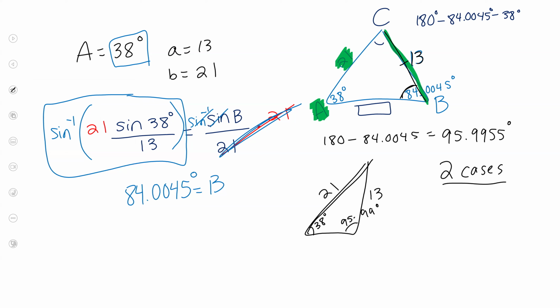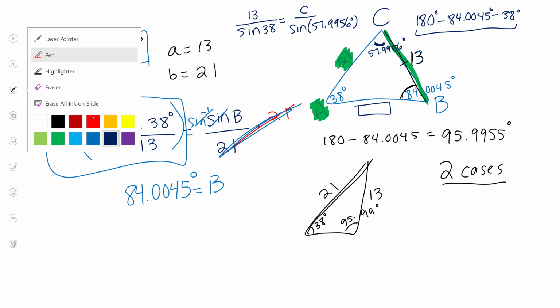So I can do sine of 38 with the 13. And I don't know side C, but you can figure out this angle. What did you guys get for this angle after you put this in the calculator? 57.99 what? 56. Thank you. So I'll do sine of that, 57.9956 degrees.